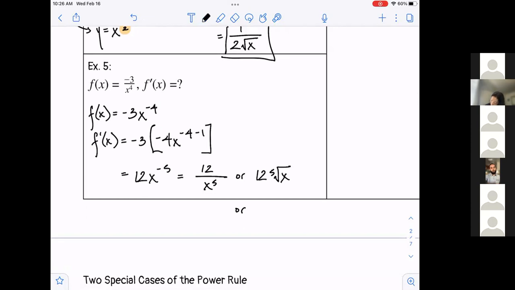I've seen folks do this, 1 over 12x to the 5th. All right. I would say of the 3 things we've written down, only one of them is correct.